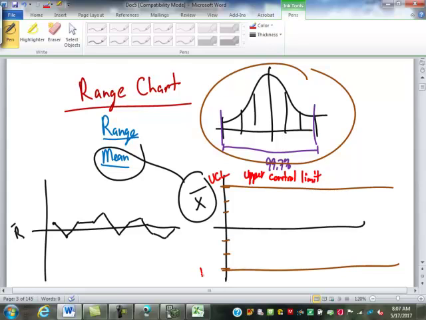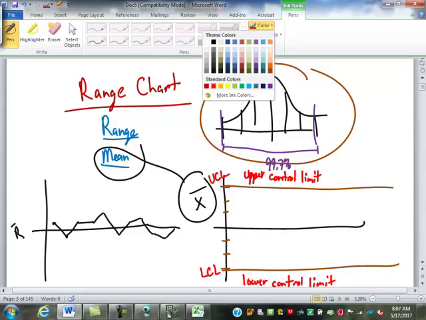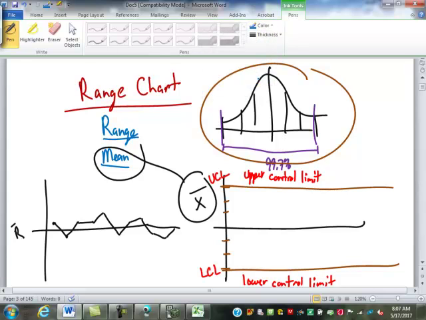And 1, 2, 3 standard deviations below, this down here is going to be called the LCL. That stands for lower control limit. And then we plot the mean of each of these samples. Now we would expect what percent to stay between these two lines here?